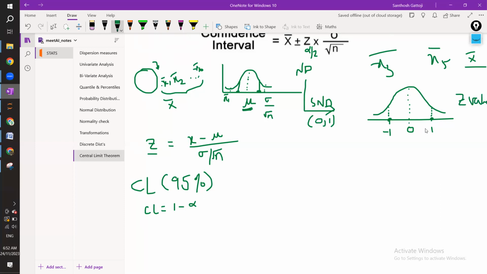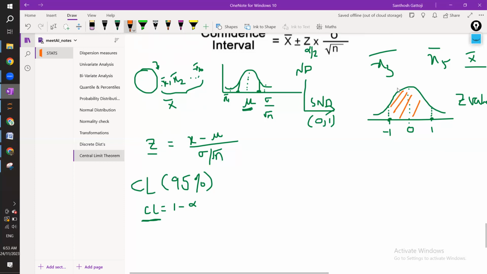That means, if you are looking for some confidence level with which you want to suggest a confidence interval, that confidence level will obviously be 1 minus alpha. Assuming this is some range, the area in between will be 1 minus alpha.